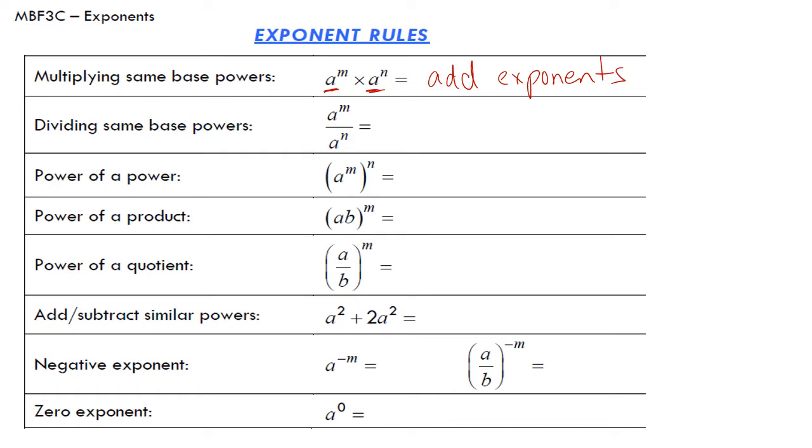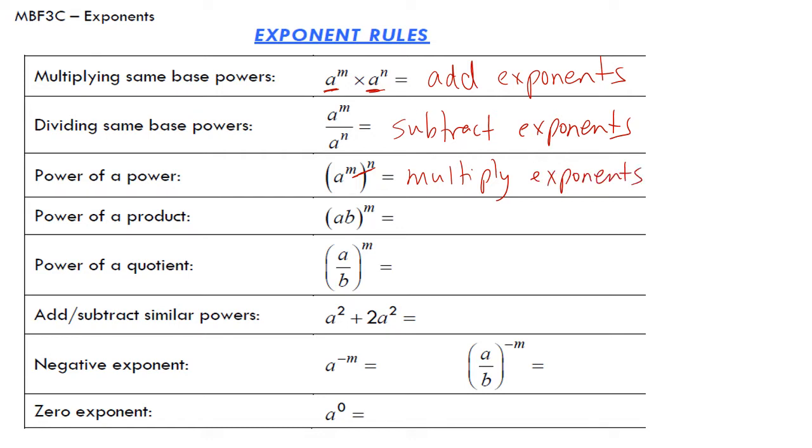When you divide, you subtract: keep the base the same, and subtract the exponents. Power to a power, which just means you have back-to-back exponents, you multiply: keep the base the same, and multiply the exponents.